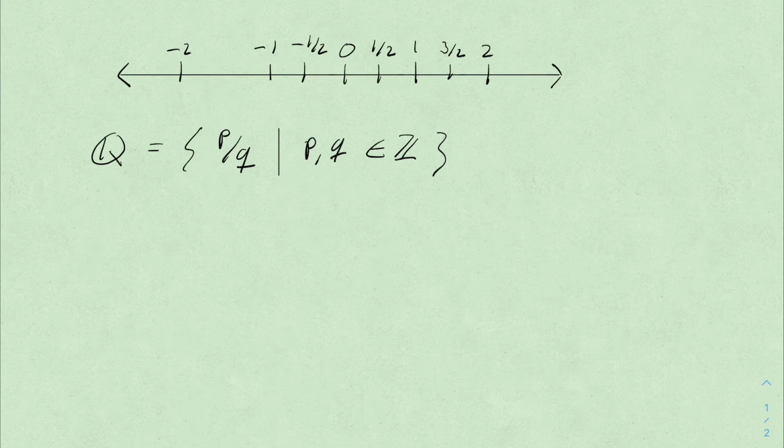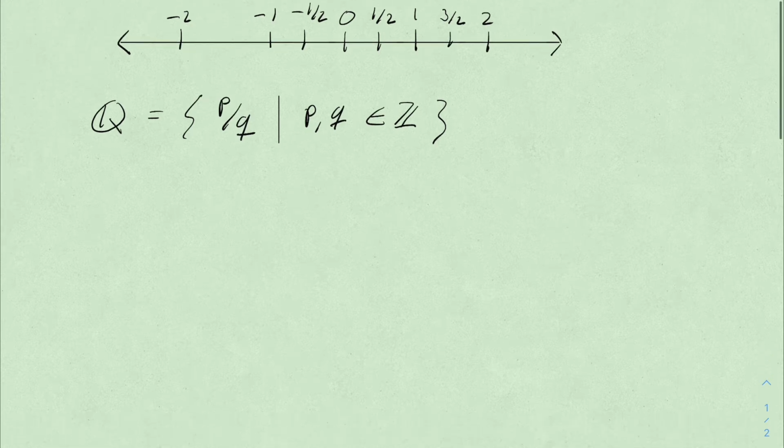Now, what's interesting about this particular proof that I'm about to show you is that with just a couple of tweaks, you can show that the square root of any prime number is irrational, meaning it is not an element of the rational numbers. So before we get started on this particular proof, there are a couple of things that I have to go over.